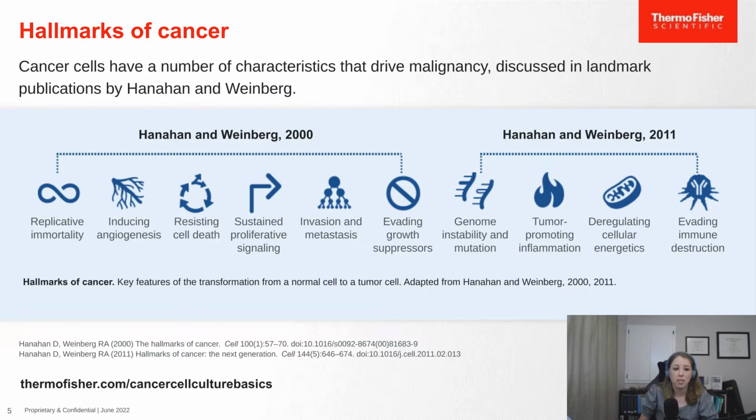And the rest we'll discuss in more detail later in the talk. These include inducing angiogenesis, invasion and metastasis, and deregulating cellular energetics. Each of these hallmarks is ripe for scientific inquiry and could be studied singularly or jointly with other hallmarks with cancer cell culture.